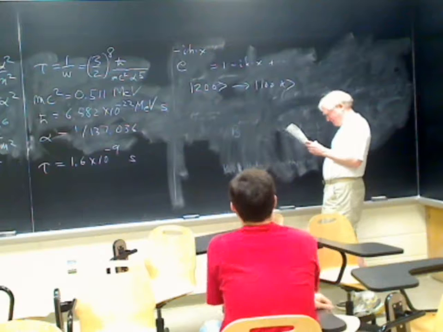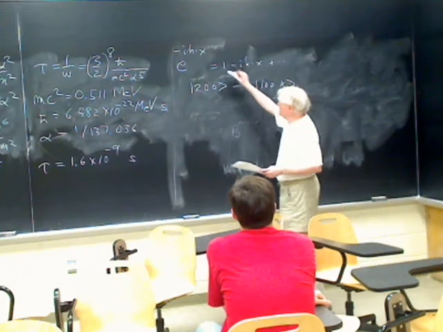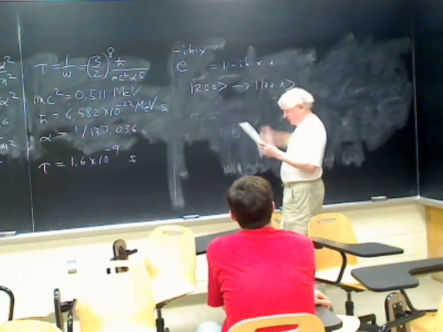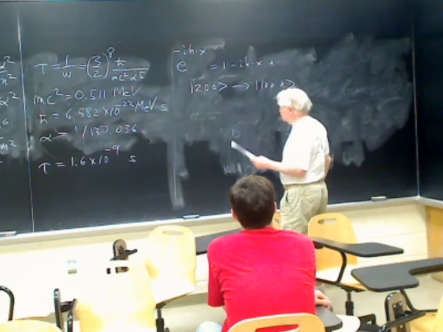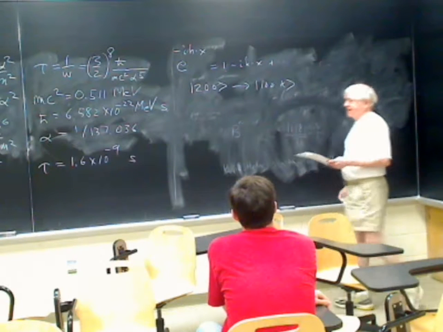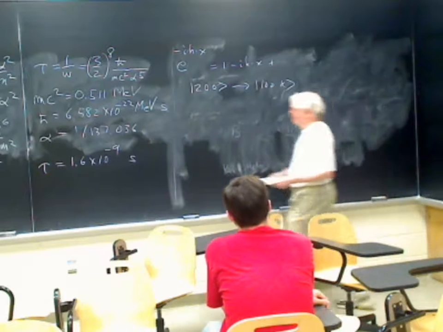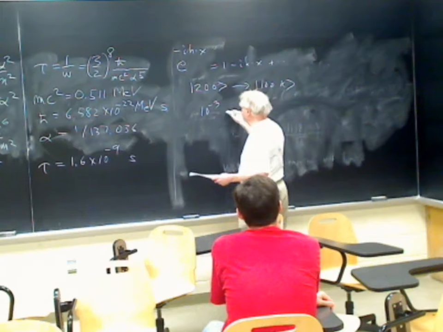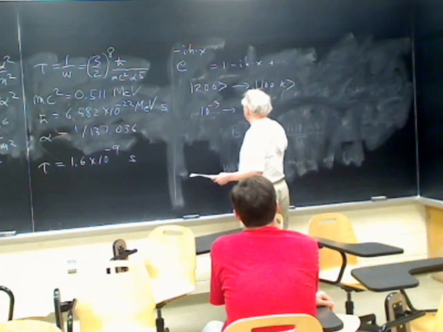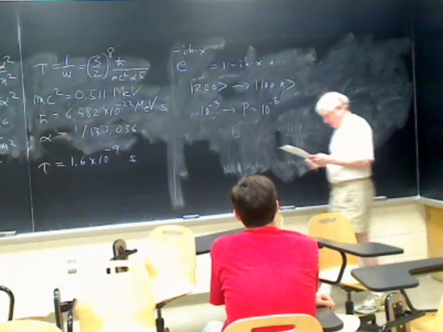And the reason is that this term is 0, and so it has to go through this term. And so the amplitude is slowed down by 10 to the minus 3. And then the probability is slowed down by 10 to the minus 6, so the lifetime is up by 1,000,000.